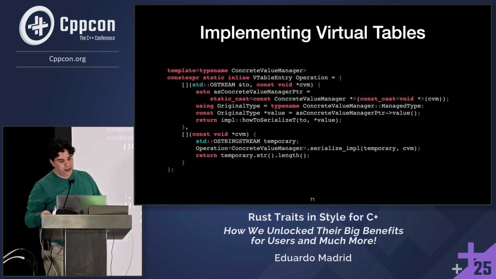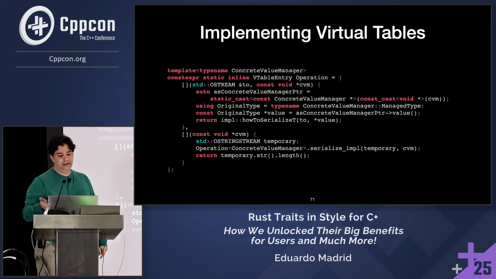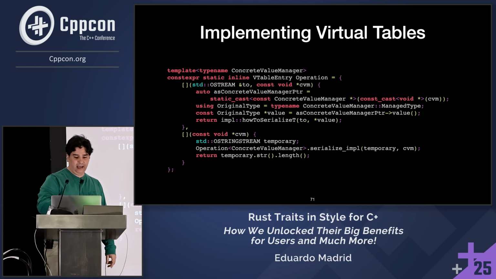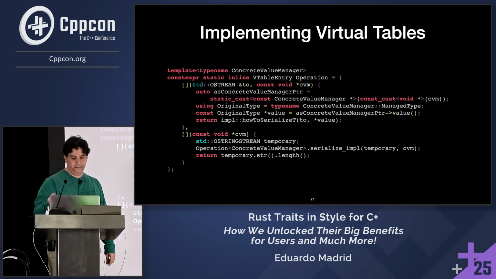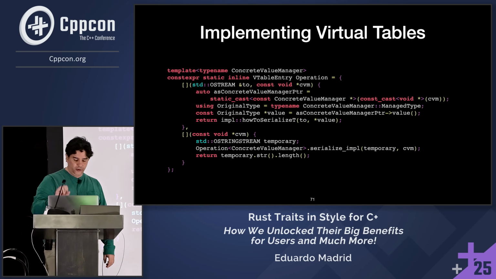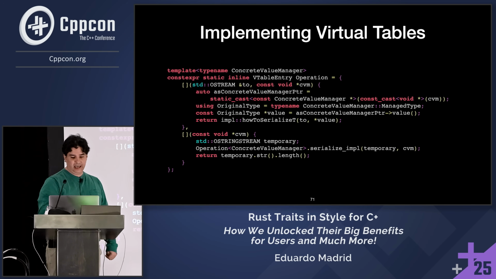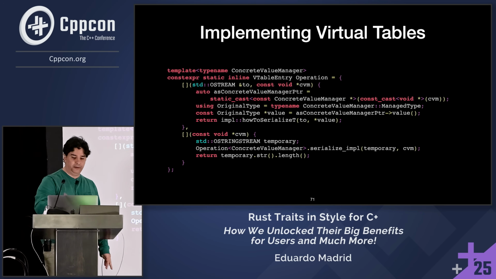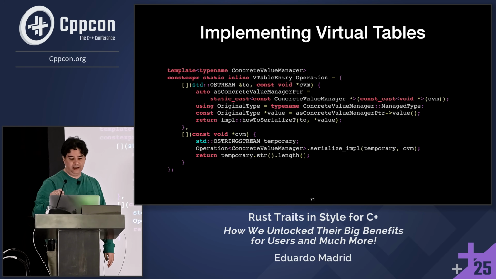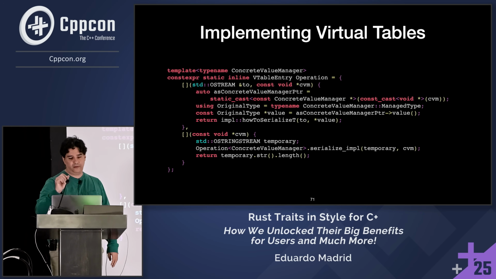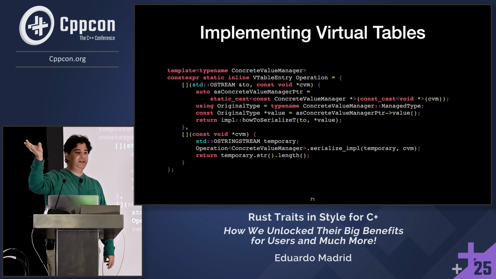of value. And now it is a good time to inspect the signature of the function pointers that are being initialized with non-capturing lambdas here. And you're going to see the use of const void pointer or void pointer. That's because a void pointer is a universal pointer.